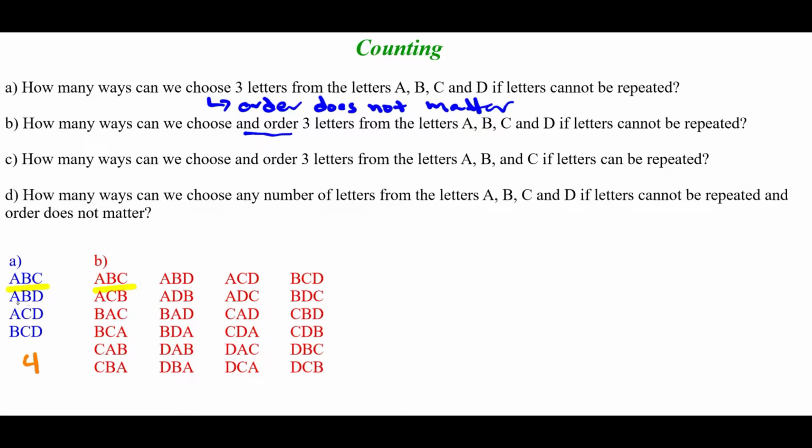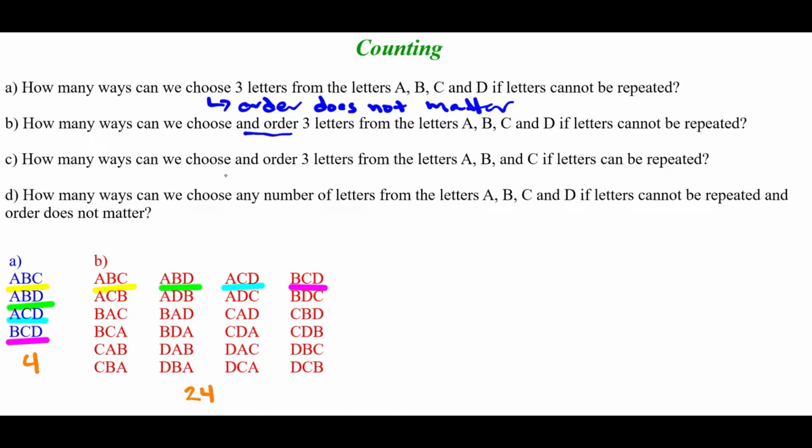Then we took A, B, D and did all of the possible rearrangements, then A, C, D, and then B, C, D. When I have 3 letters, there are 6 different ways that we can rearrange them. So in this case, we come up with 24 different ways that we can choose and order 3 letters from the 4 that we were given.